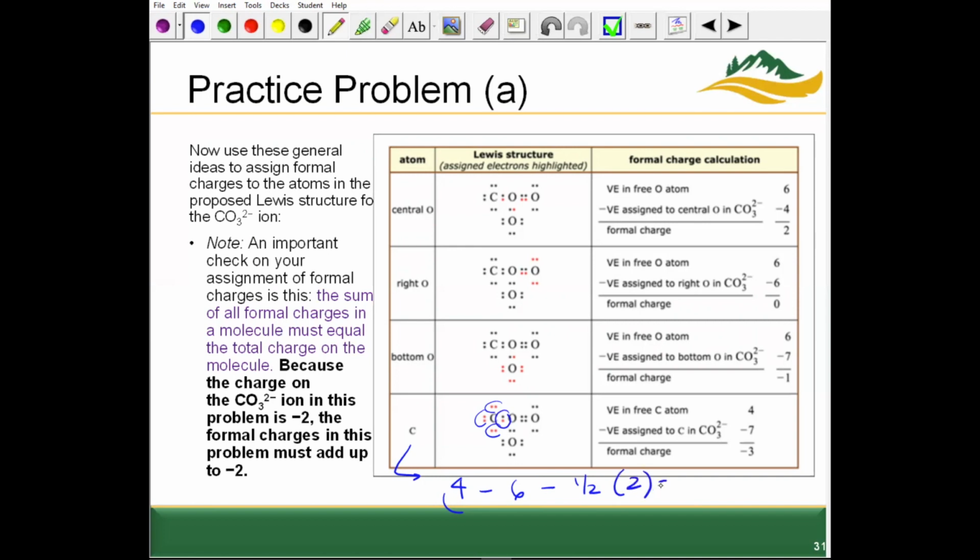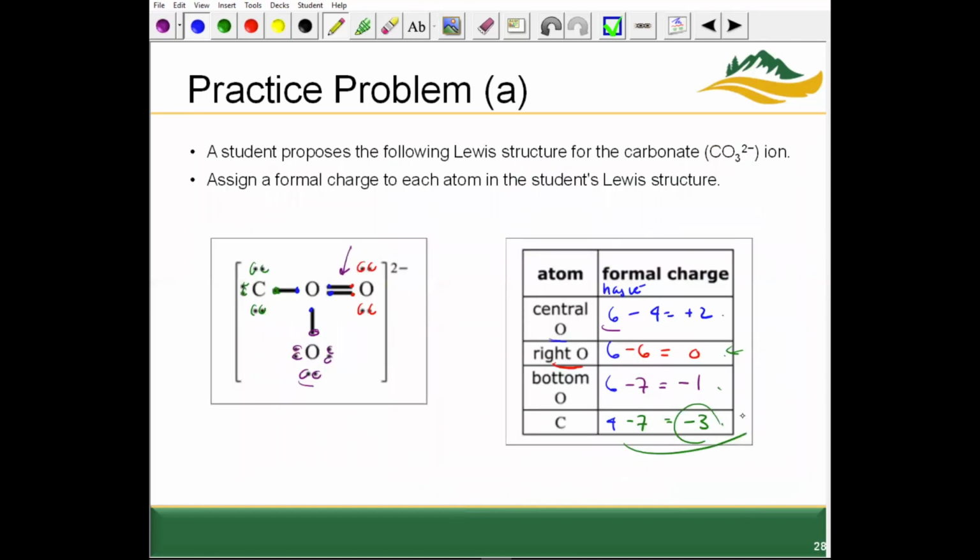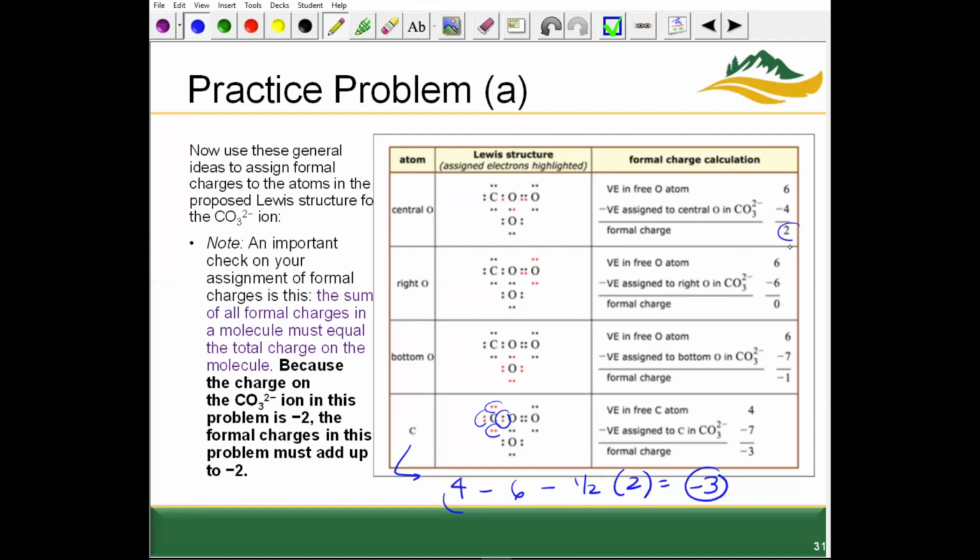That's 2 here. 4 minus 6 is -2, minus 1. That's -3. We also got -3 doing it this way as well. So be sure you go through all these and definitely make sure you can get the formal charges of +2, 0, -1, and -3.